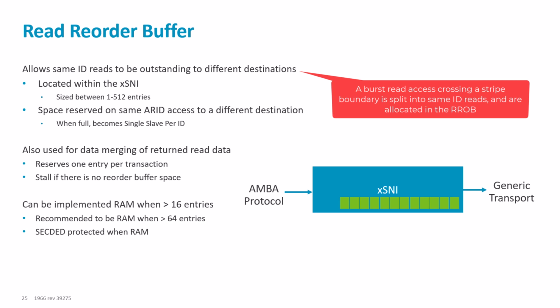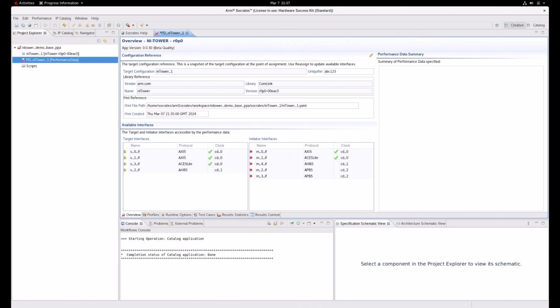Now, using this knowledge, let's try to optimize the read reorder buffer depth in tooling. Since the tooling defaults the read reorder buffer depth to 32, there's often scope for optimization based on the traffic requirements. The average read reorder buffer occupancy can be found in the result statistics of the performance test case under the occupancy category.